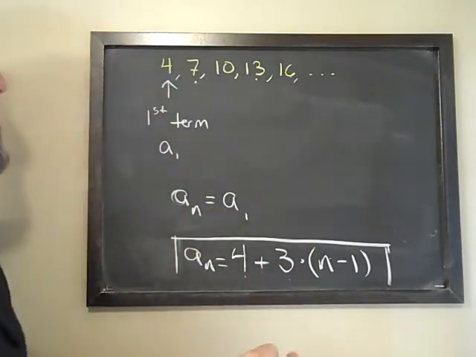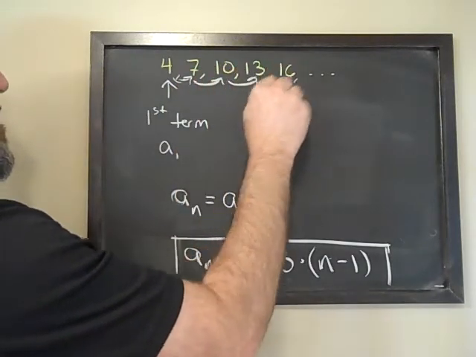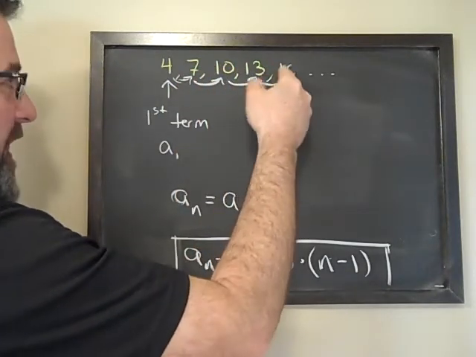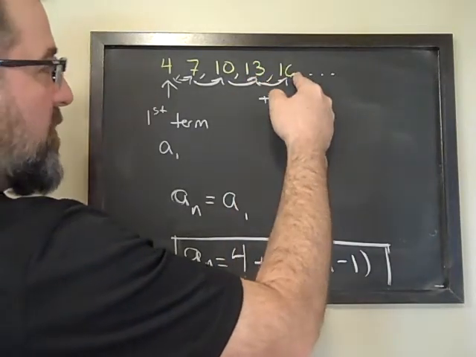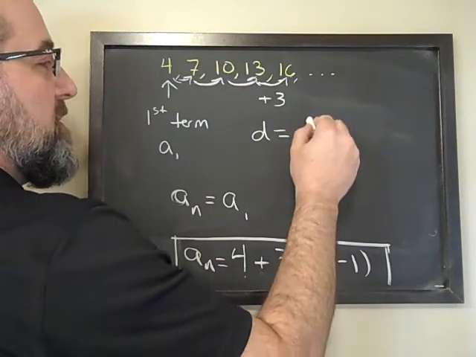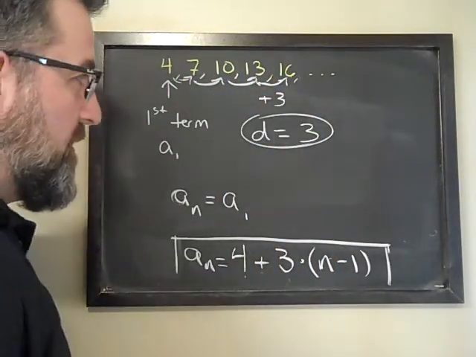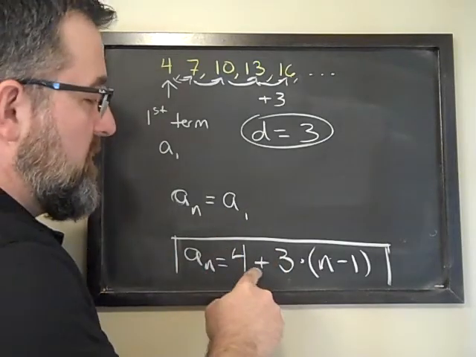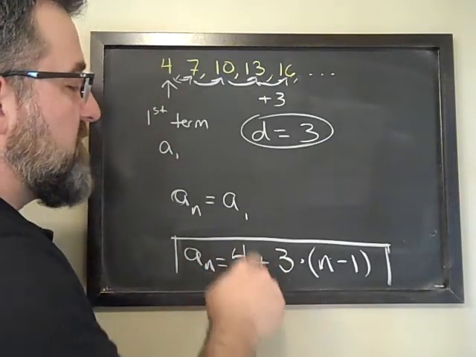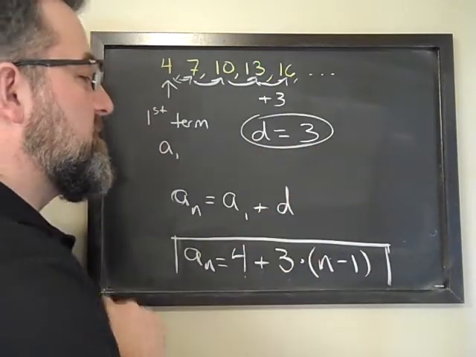What is the plus 3? How do we get from one to the next? We constantly add 3. If you take any term minus its previous term, a new term minus the old term, you'll get the constant difference. The constant difference of this sequence is 3. So, what does this say? The first term plus 3. 3 is our constant difference.